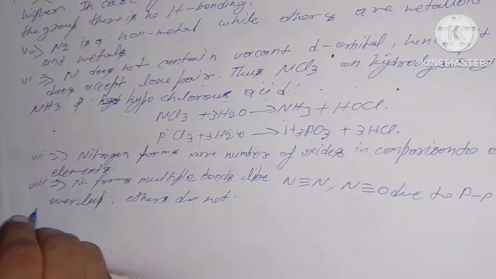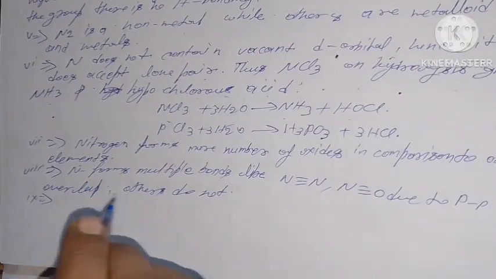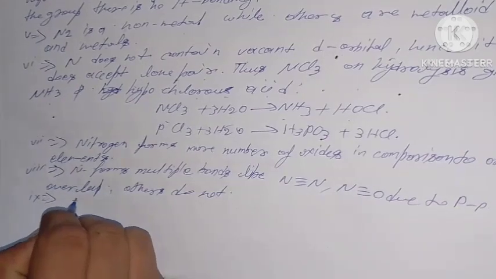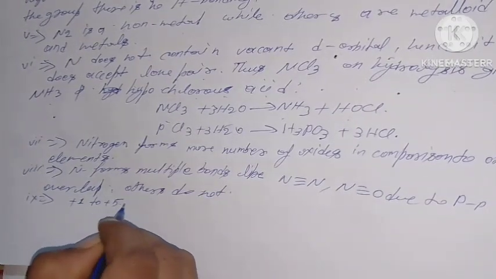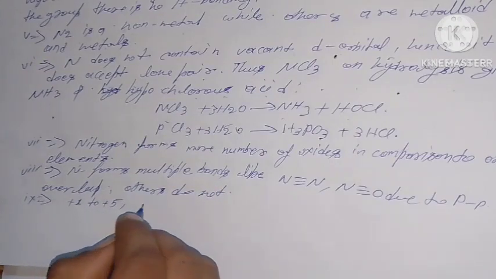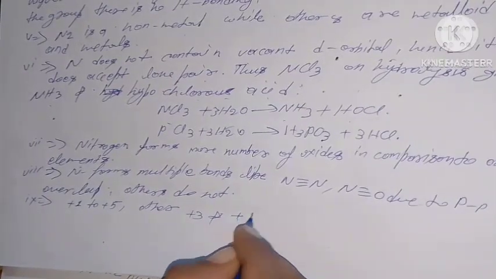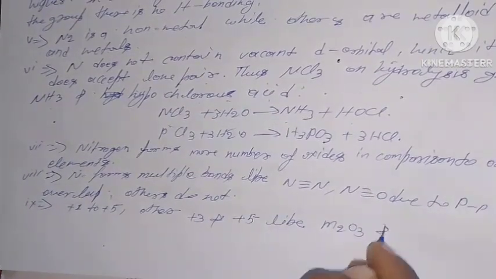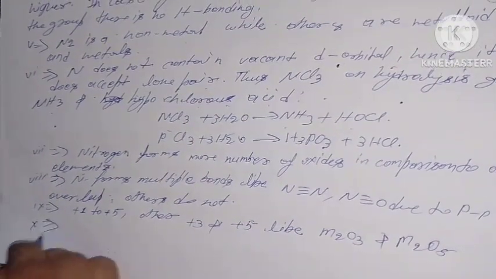Point 9: Nitrogen forms oxides with oxidation states from +1 to +5, whereas other elements form oxides in oxidation states +3 and +5, like M2O3 and M2O5.